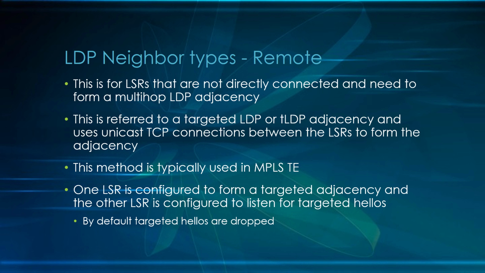One LSR is configured to form a targeted adjacency, and another LSR is configured to listen for the targeted hellos, where by default targeted hellos are dropped. So if I have a router trying to form a targeted LDP session with another one, I have to allow the targeted hellos inbound.